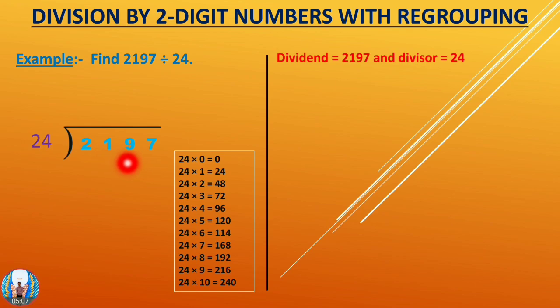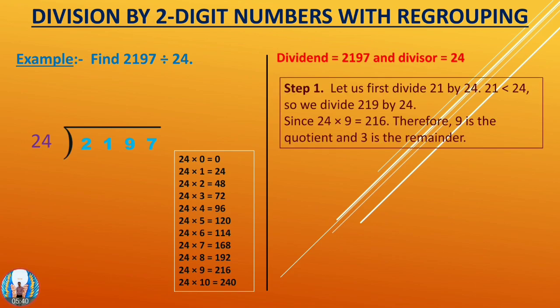So we will take 219 at the same time. So 219 comes between 216 and 240. So we will take the lesser number, that is 216, that is 9 times. So 24 times 9 is 216, then we subtract, the answer is 3, then we bring down the 7.